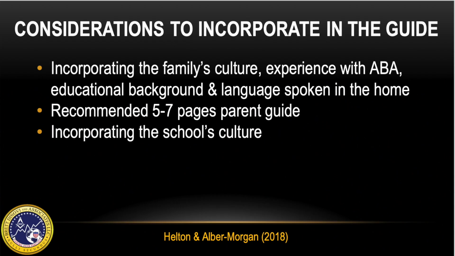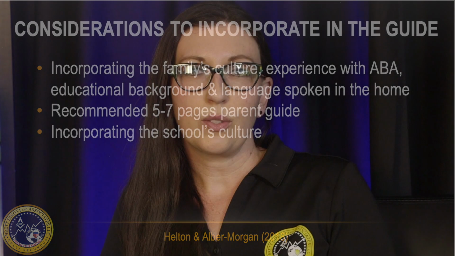Individualize this guide for each parent by considering the language spoken in the home and experience with ABA, and incorporating the school's culture in addition to the family's culture. These recommendations were based on the author's clinical experiences from supporting parents with students with disabilities in school settings.